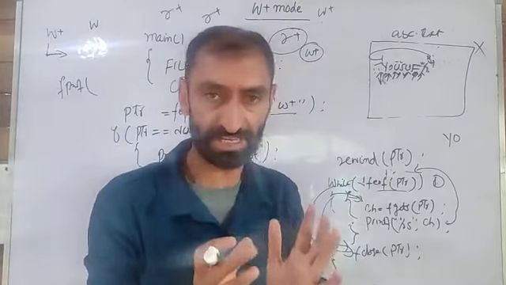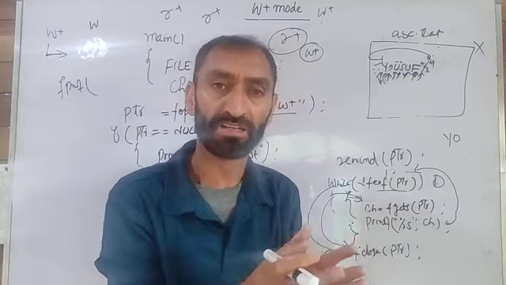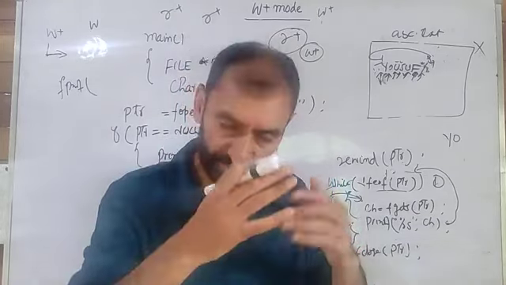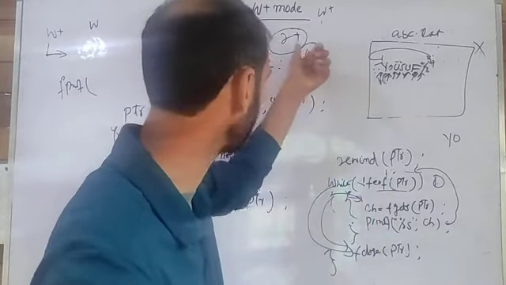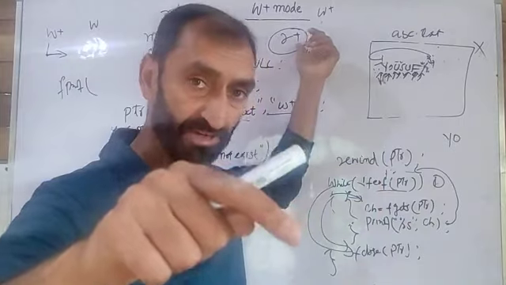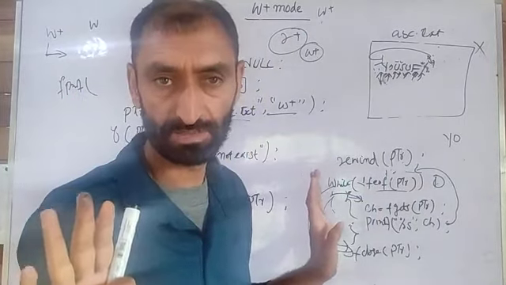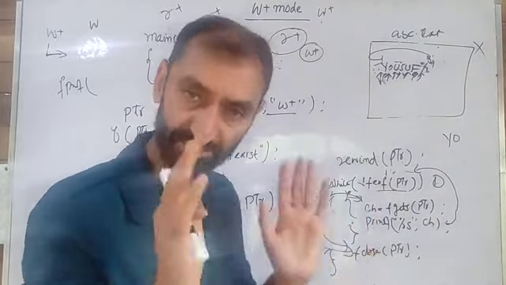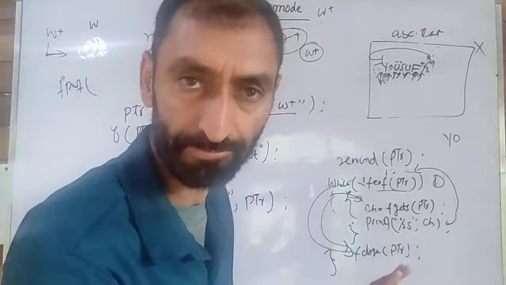In a nutshell, we can say both R+ and W+ modes are used so that we can read as well as write into the file. The difference lies in this: if we open the file in R+ mode and the file does not exist, it will print a message that the file does not exist. But if we open that file in W+ mode and the file does not exist, it will create a new file and open it.